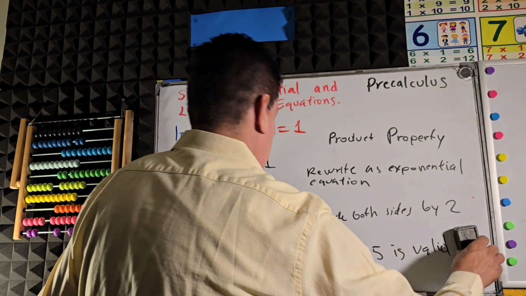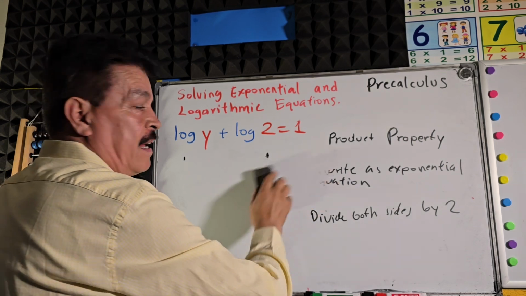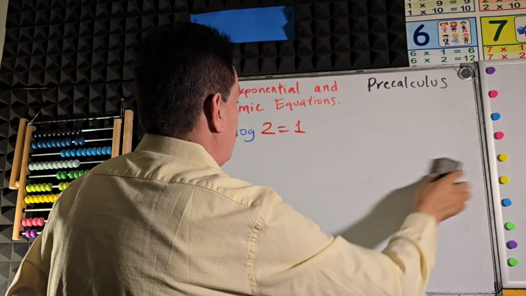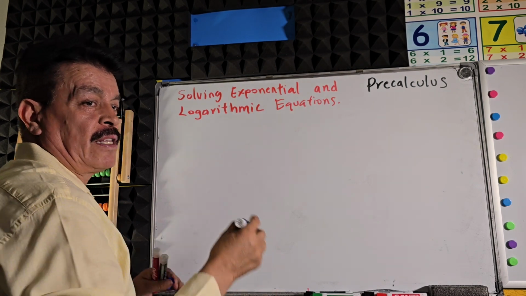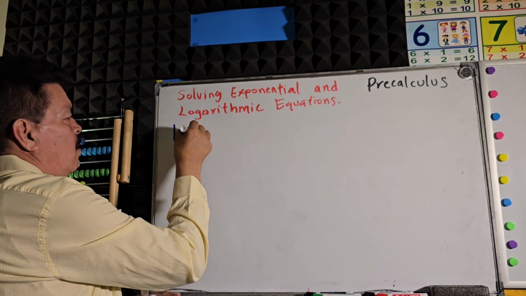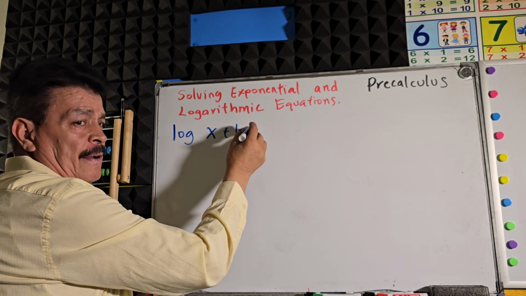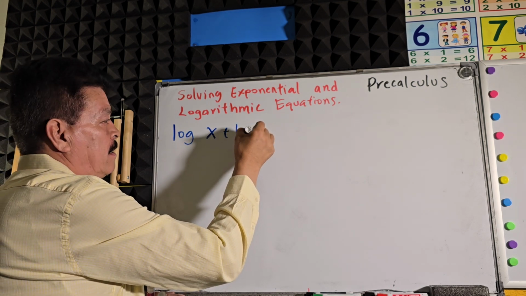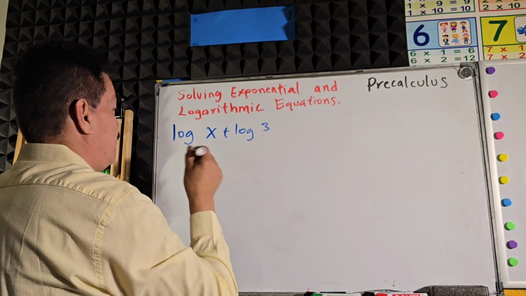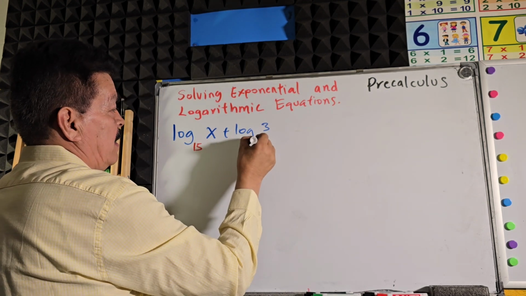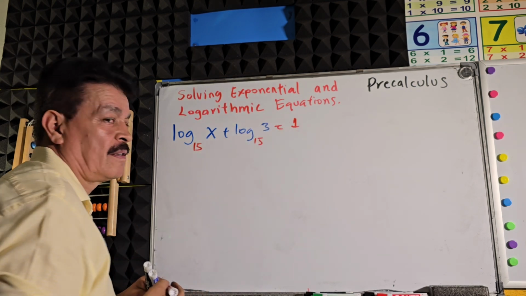Let me solve another problem. Let's find the solution to another one. Let's write log x plus log 3, with base 15, equals 1.